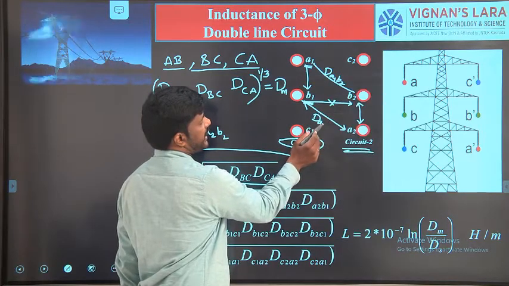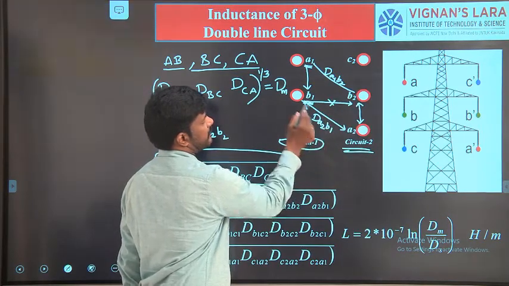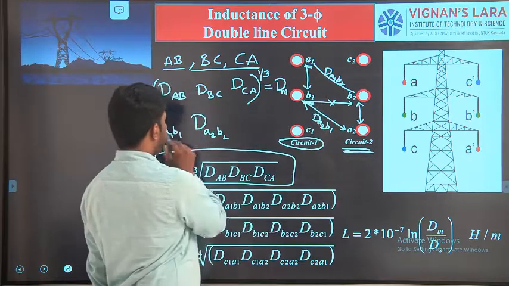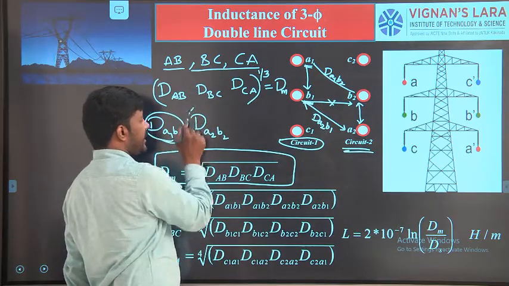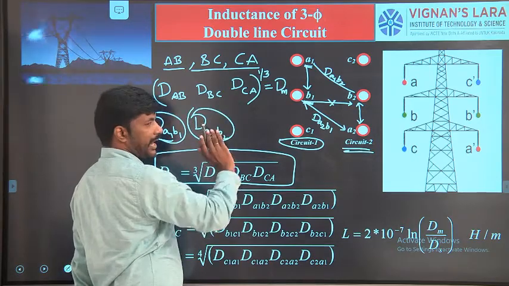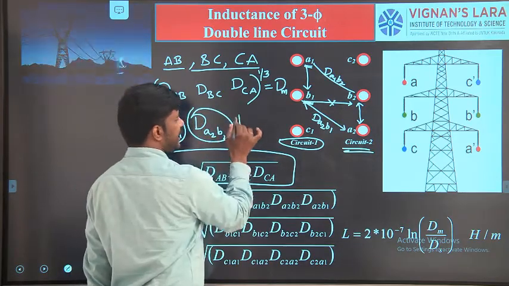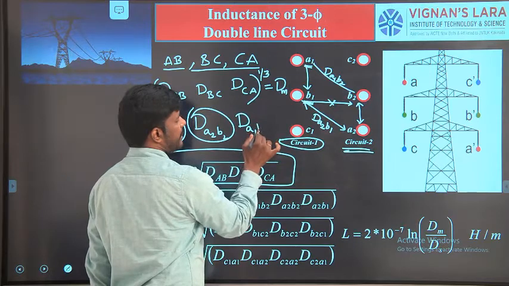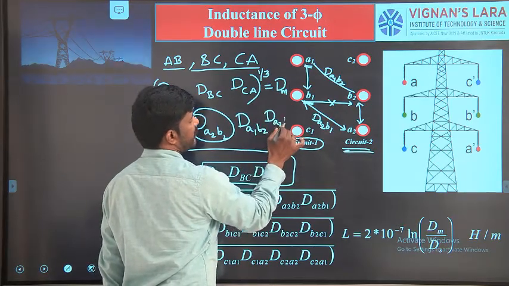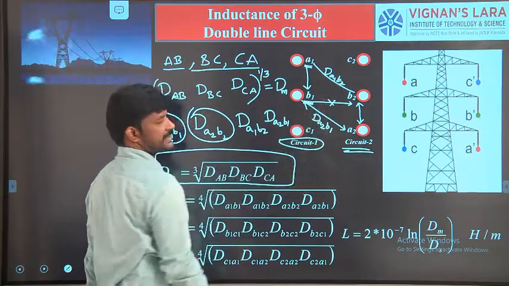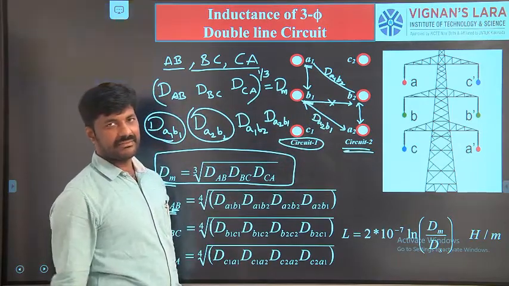So possible distances are its own circuit A1 B1, its own circuit A2 B2, and mutually, between A1 B2 and A2 B1. Yes, total 4 distances are there.